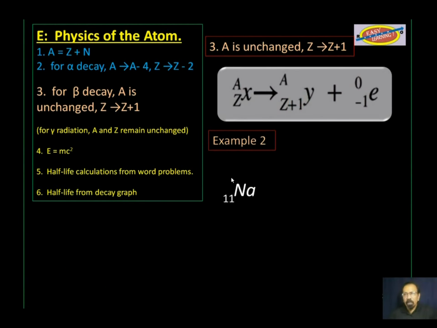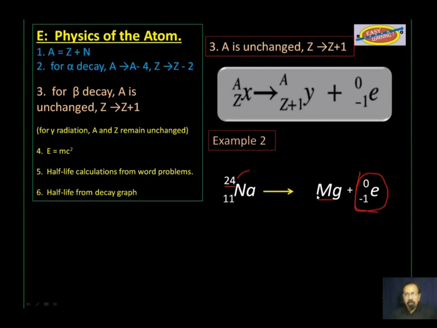Sodium, 11, 24, not the typical sodium 23. So sodium 24, you get magnesium from that, plus, of course, our electron, our beta particle.